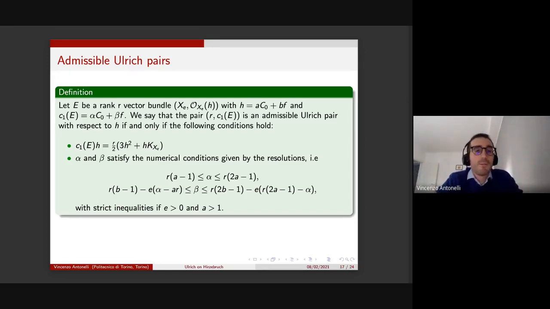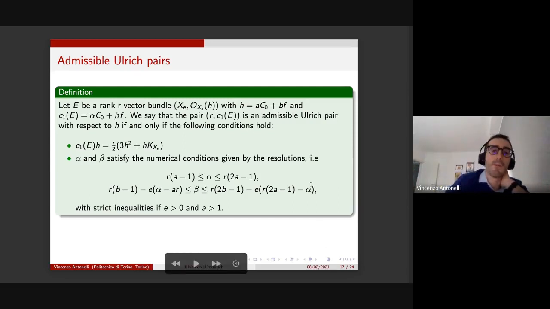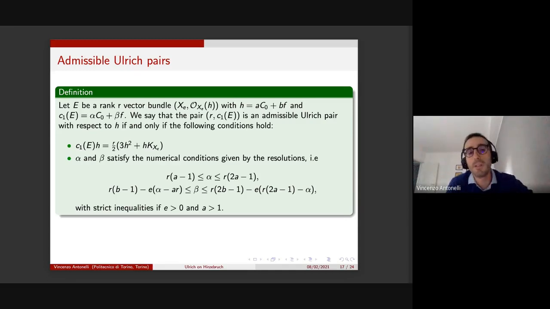So that's the first condition. And the other condition is that the first Chern class actually satisfies the numerical condition imposed by the resolution, which can be written in this way. So we have a certain range for alpha and beta, and we have strict inequalities if E is greater than 0 and A is greater than 1. And that's because it's related to the fact that in these cases, we don't have Ulrich line bundles.